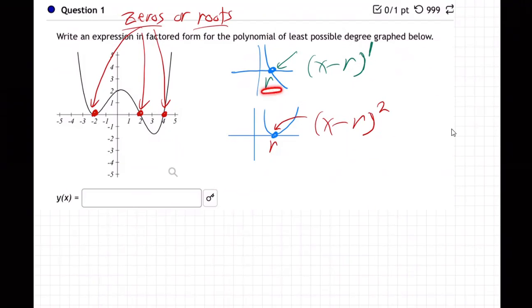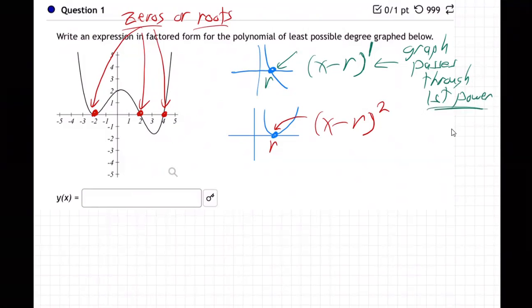So if you have a root where the graph just passes through, then it's first power. See the first power there?